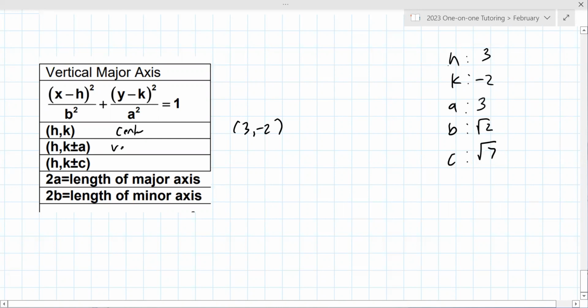The vertices: H comma K plus or minus A. So H is 3 comma -2 plus 3, 3 comma -2 minus 3. I'm just using the formulas here. So that becomes 3 and 1, 3 and -5.